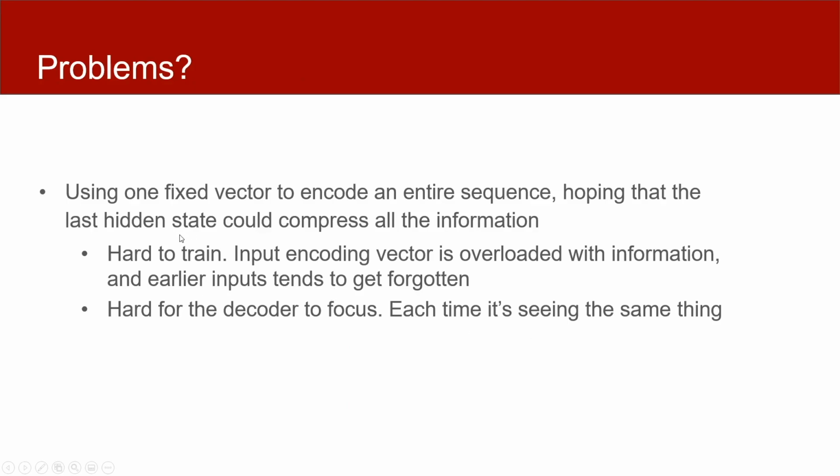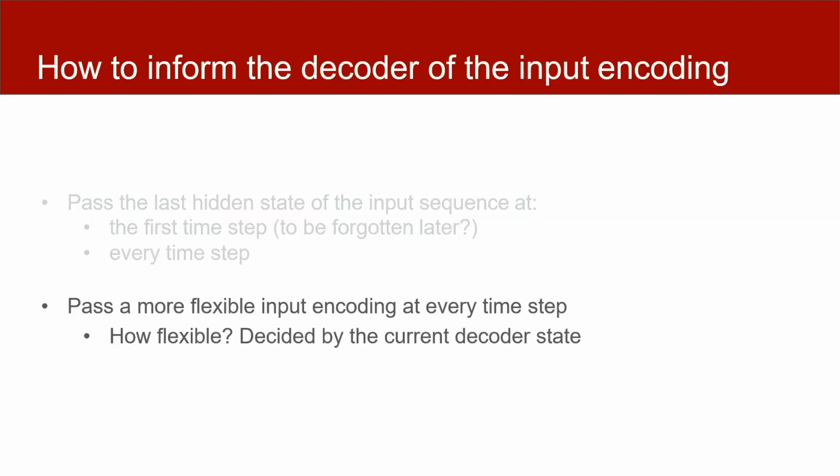Now the problem with this architecture is that we're still using one fixed vector to encode this entire input sequence, and it's overloaded with information, and the earlier inputs tend to get forgotten. So it's really hard to train, and it's also hard for the decoder to focus because each time it's seeing this same encoding.